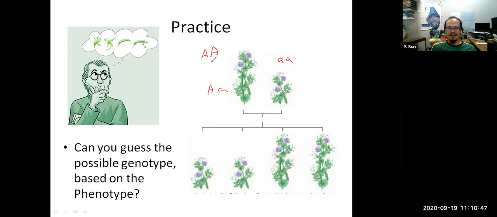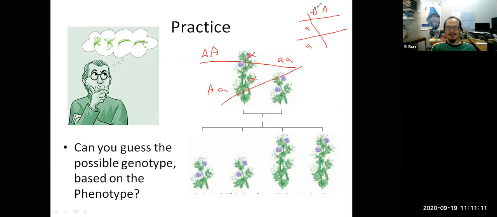So we can test this cross or this cross and see the result. So if this is the one we are going to cross, then let's say do this one here, AA, right?